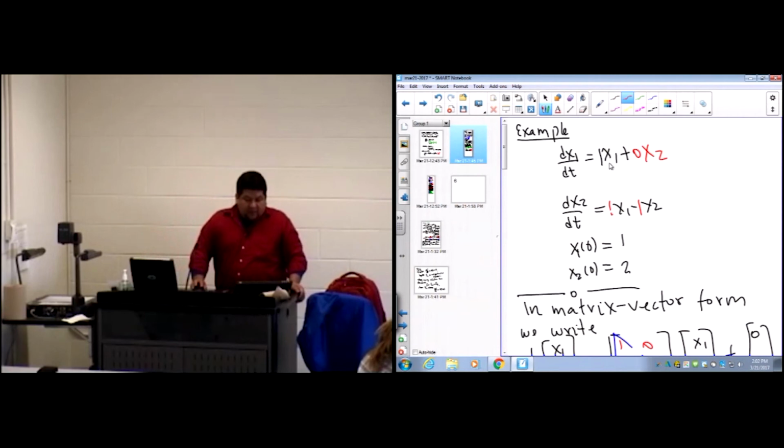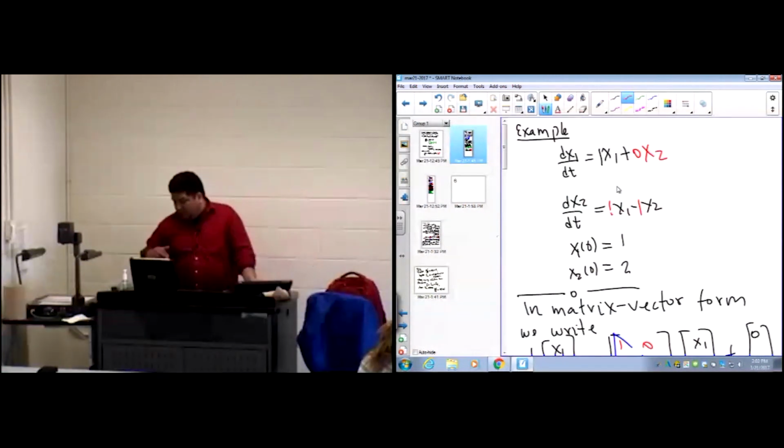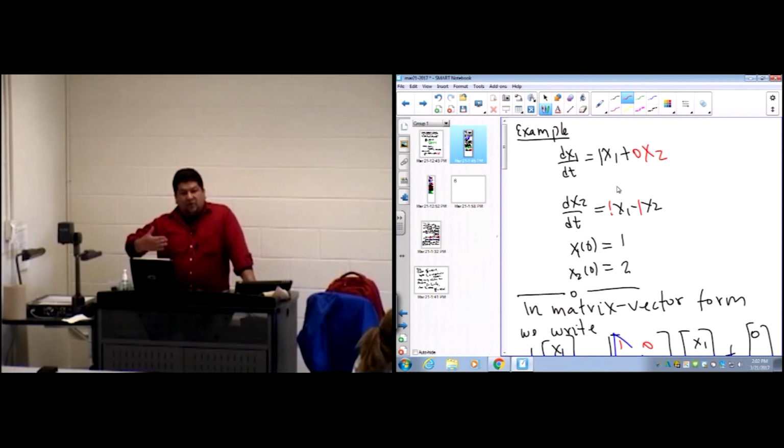These equations are a little special because the first differential equation has only x1. So x2 has a coefficient of 0, therefore x2 doesn't appear in the first equation. That means these equations are decoupled. That's a word, decoupled. And then there is another trick for finding the solution of this. You could read about that.